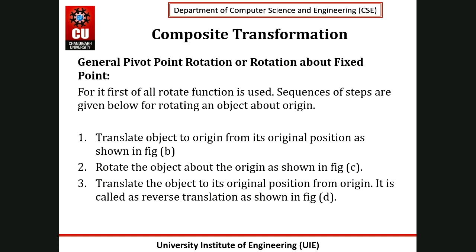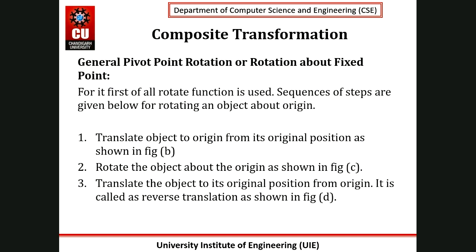Composite transformation means when we apply multiple transformations on a single object. For example, I want to rotate an object with respect to a particular fixed point. So there will be a sequence of transformations that I have to perform on the object. The very first transformation will be translation, translating the object to the origin.